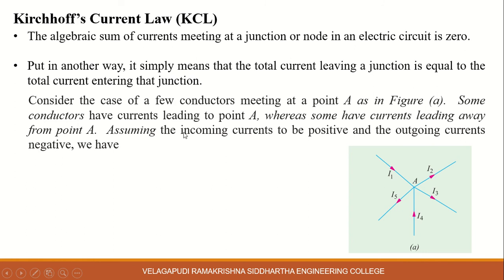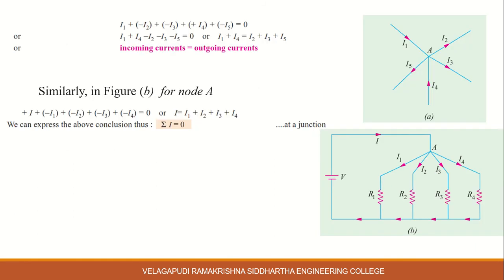Assuming the incoming currents to be positive and the outgoing currents negative. If you observe this figure A, the algebraic sum of currents meeting at a point, or node A, is equal to 0.